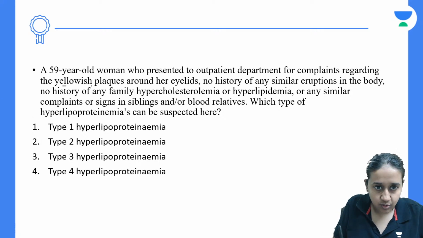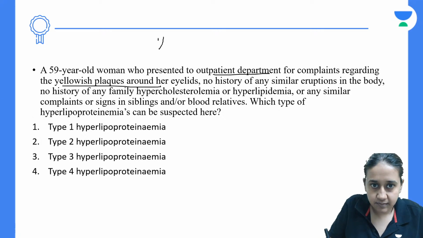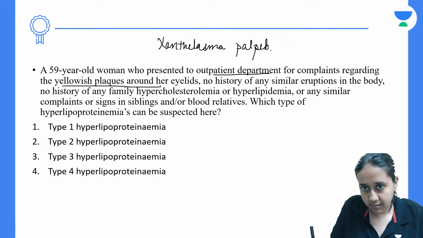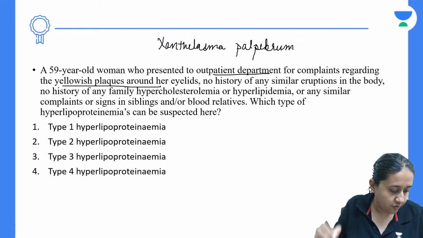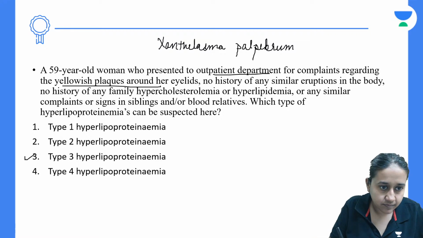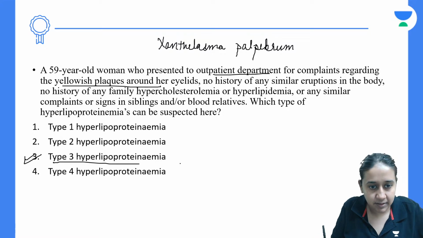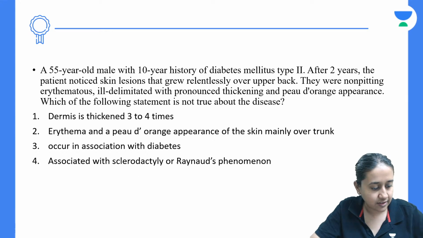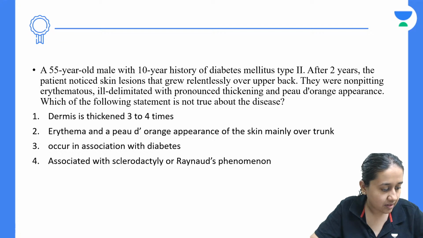A patient with yellowish plaque around the eyes, it means xanthelasma palpebrarum. And for xanthelasma palpebrarum, type 3 hyperlipoproteinemias are indicated. Type 3 hyperlipoproteinemias are indicated. Next question.